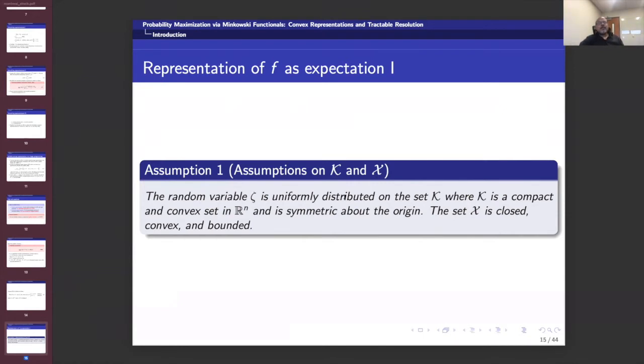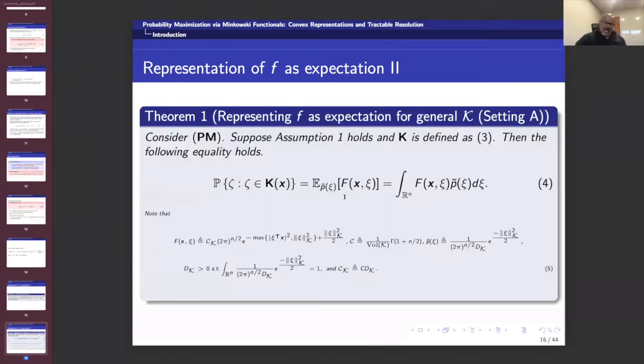The main idea of this work is to show that under some conditions, this probability can be written as the expectation of a continuous function. The integrand of this expectation is going to be shown to be continuous.